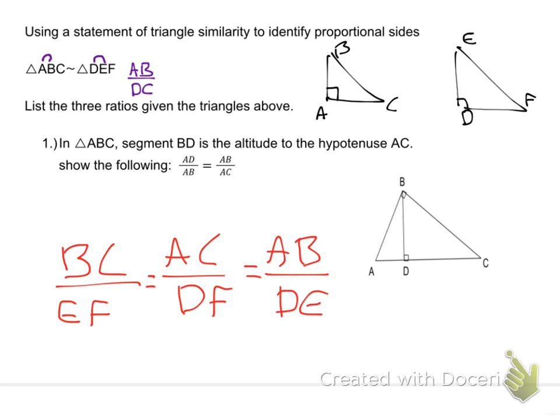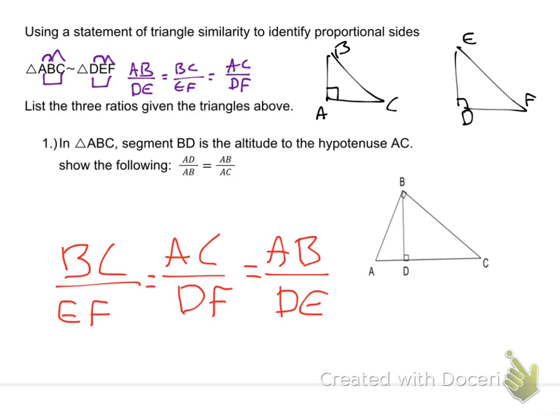Look at that. The first two letters of the first one over the first two letters of the second one. Equals BC over EF. Equals, and then I'm going to connect the A and the C to the DF.